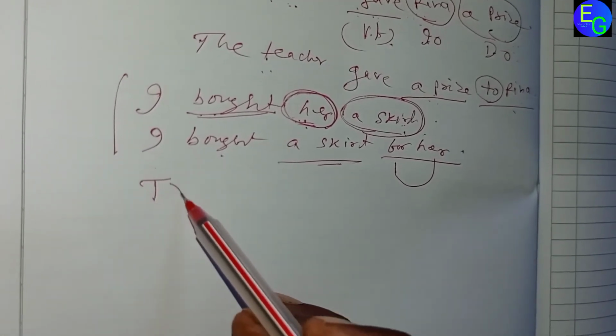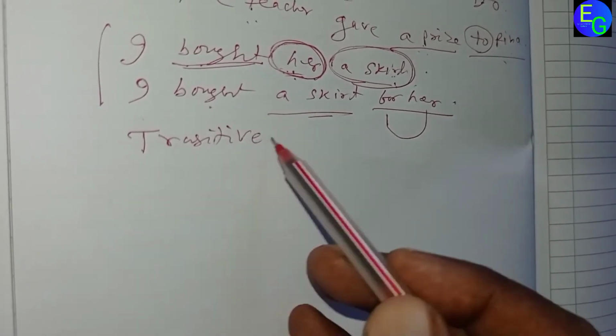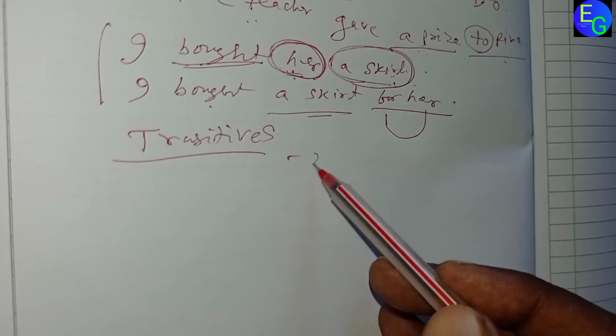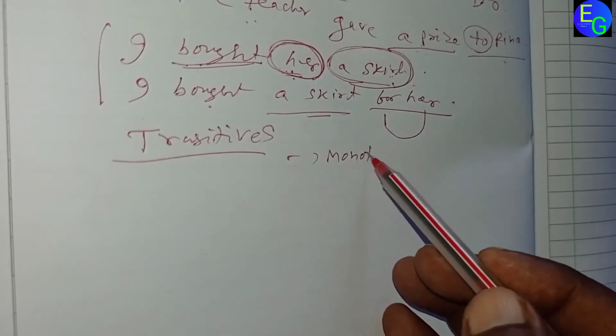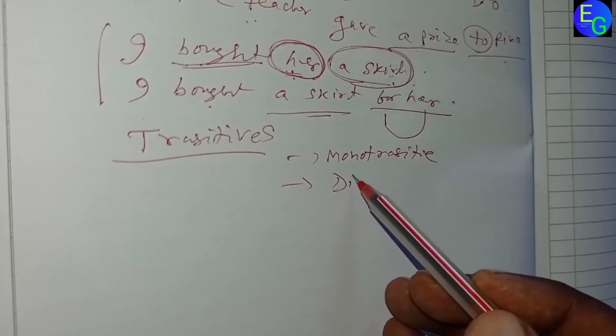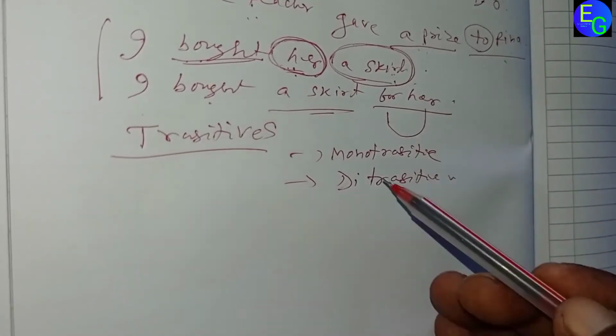Transitive verbs can be of two types: monotransitive and ditransitive. What is a ditransitive verb?